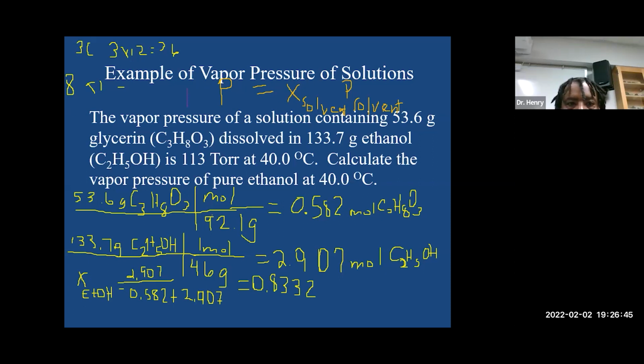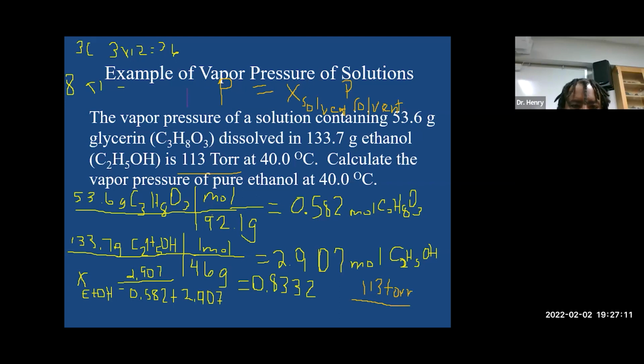We're given the partial pressure, which is 113 torr. The thing about pressure units, it's multiplied, so you can keep it the same unit. You don't have to worry about doing the conversion.